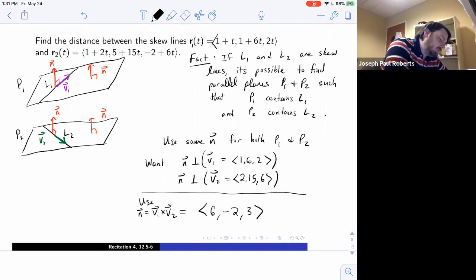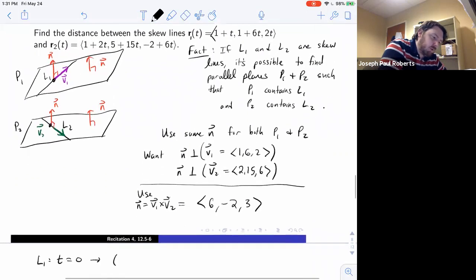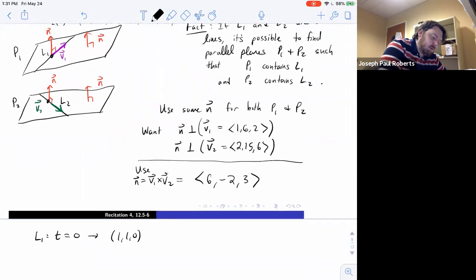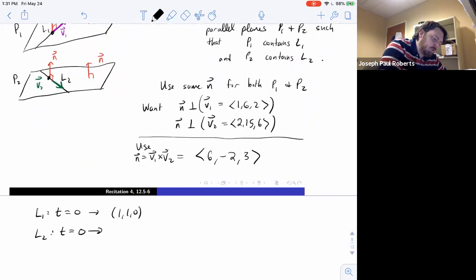And then now I could just pick any point on L1 and L2 to use for my plane. So L1 t equals 0 gives the point 1, 1, 0. L2 t equals 0 gives the point 1, 5, negative 2.